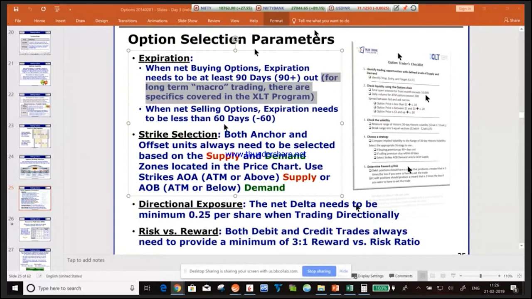Okay, is this clear? The option selection parameters, net. I'll come to net delta later on, not now. When we get into section 2 and above strategies, it will be clear: what is net delta, what is net buying options, net selling options.